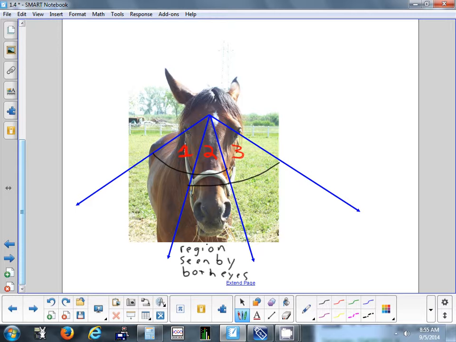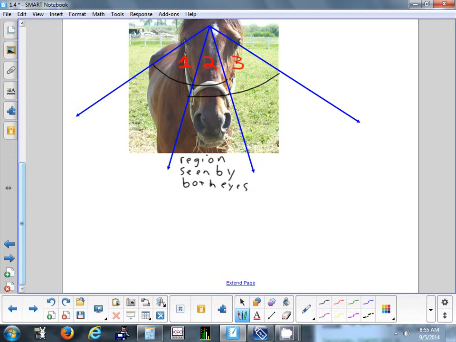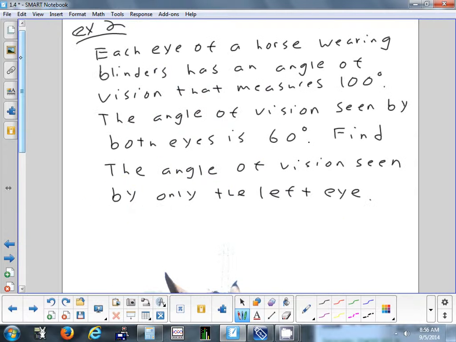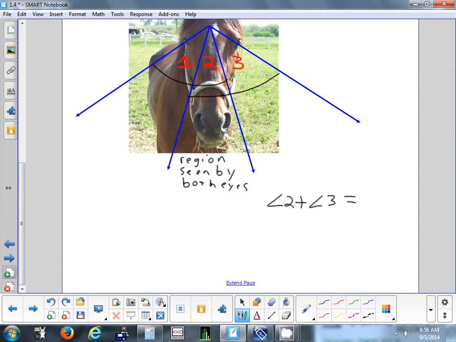Angles 2 and 3 are 100% of the left eye, right? And what is angle 2 and 3? 100% or 100 degrees? 100 degrees. Okay, how do we know that? Right here. The angle of vision for each eye is 100 degrees.